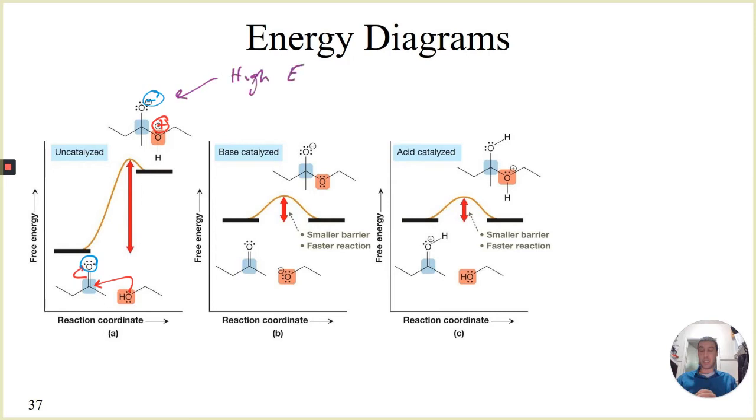And what that's going to mean is that we have to nullify one or the other of those charges. If we run under base conditions, what happens is that a negative comes in to attack, which means our oxygen loses that positive charge, and we don't see it appear. Under acid catalysis, we end up doing the opposite thing.